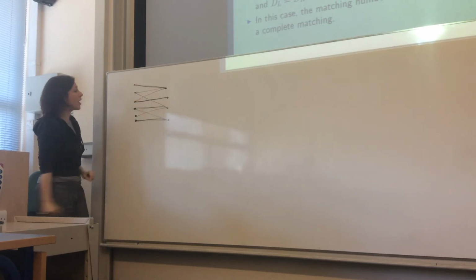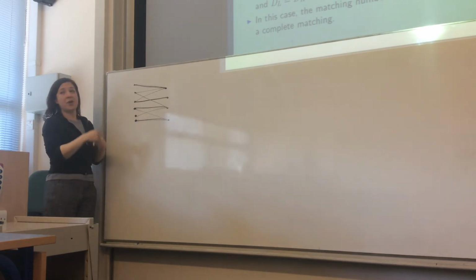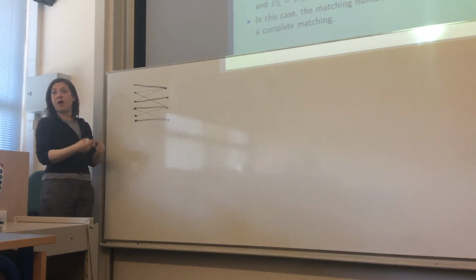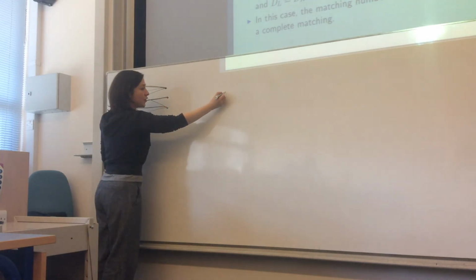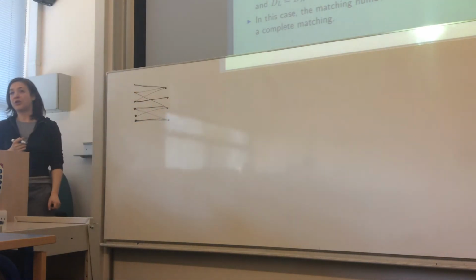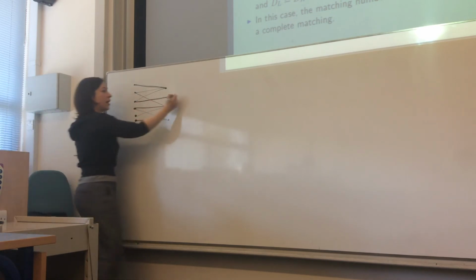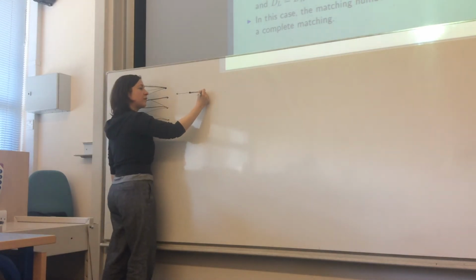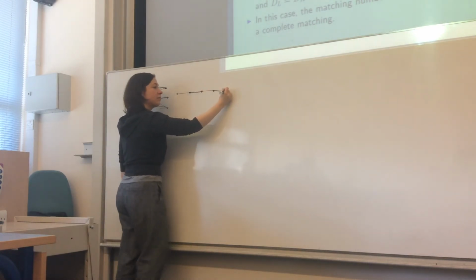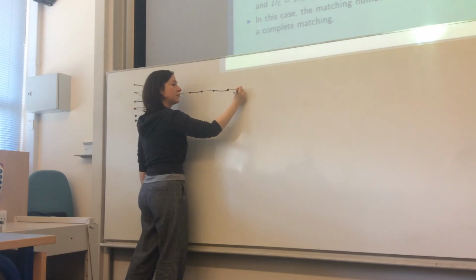Now, such a path would be called augmenting if it starts and ends with an unmatched node. So we have a node, an edge which is not in the matching, then an edge which is in the matching, not in, not in.